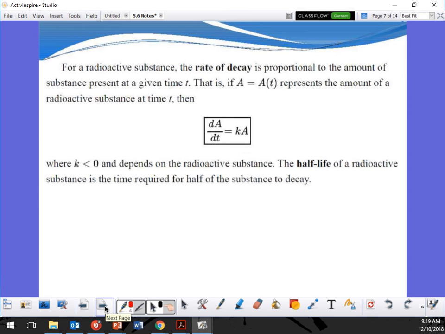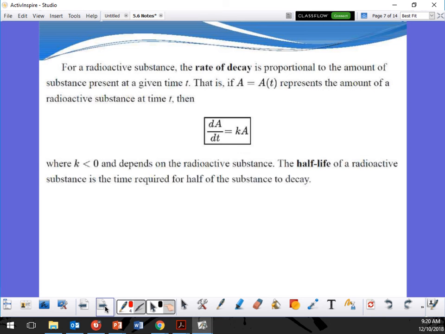For a radioactive substance, the rate of decay is proportional to the amount of substance present at time t. That is, if A equals A of t represents the amount of radioactive substance at time t, then when k is less than 0, that means it's going to be a decay, right? Half-life depends on the radioactive substance. The half-life of a radioactive substance is the time required for half of the substance to decay.